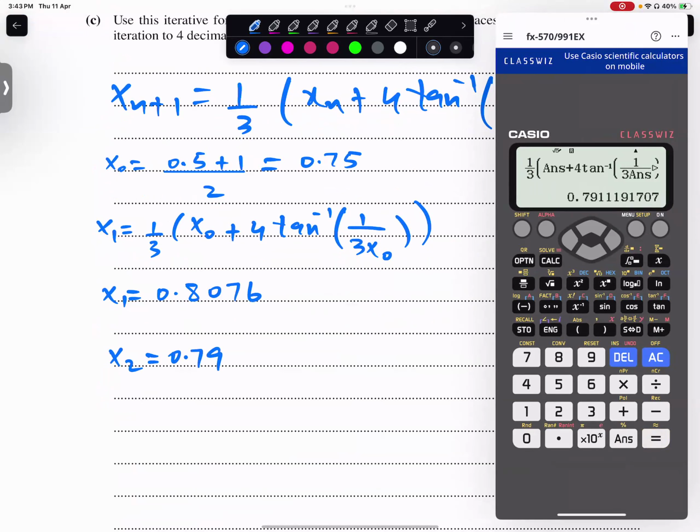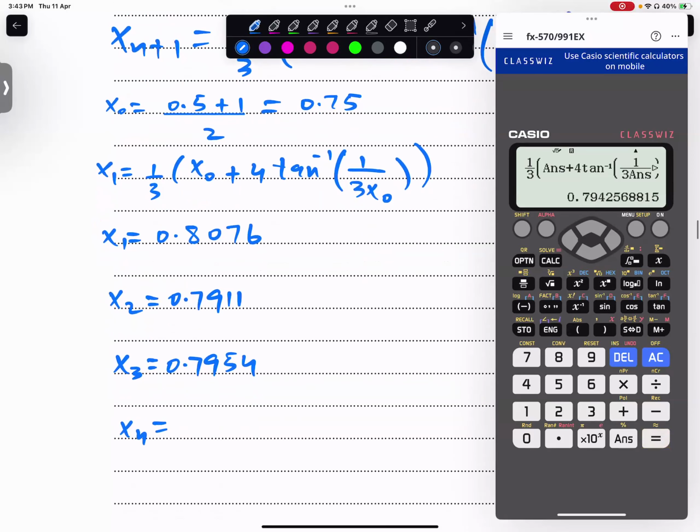Now the calculator is automatically taking the previous answer in the next one. 0.7911. x3 is equal to, press again, 0.7954. Then press one more time. You will see that x5 is equal to 0.7942.